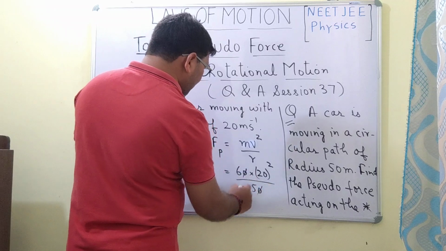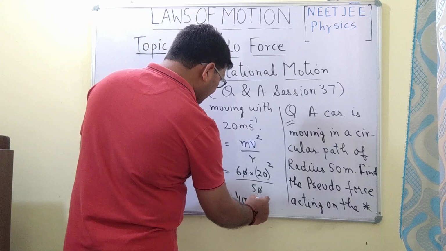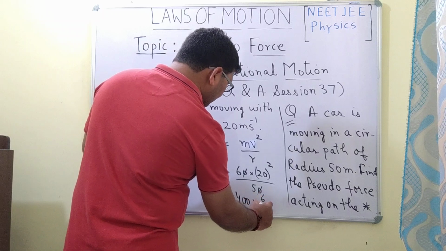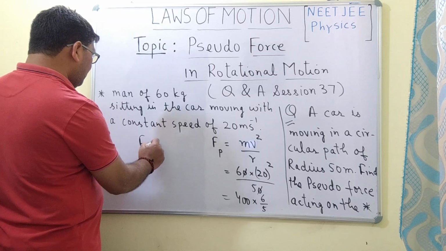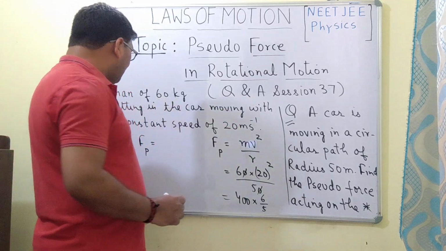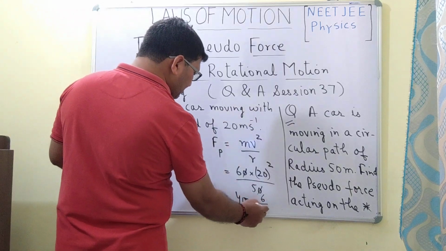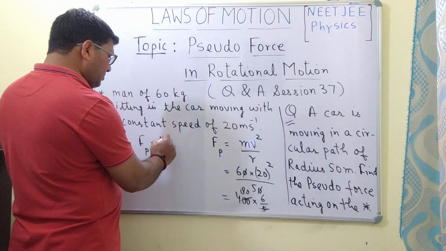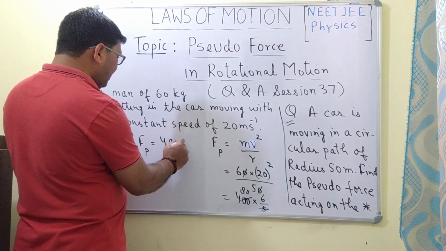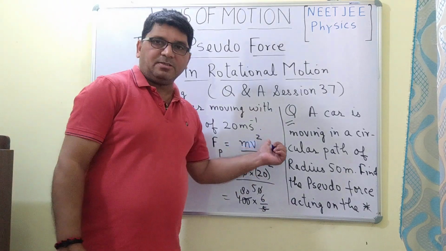So from here, this will be equal to 400 into 6 by 5. So the pseudo force which will be acting radially outward will be equal to 480 newtons.